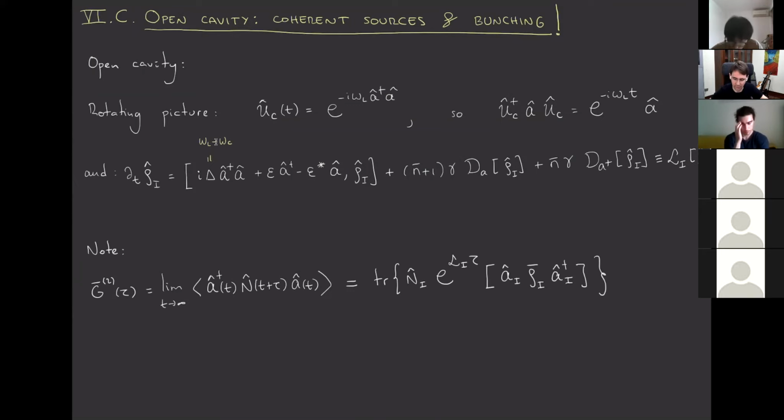Now, a couple of interesting things. Of course, when I write A of I mean exactly this. That's the rotating picture annihilation operator. And you see that it only picks up a phase, right?